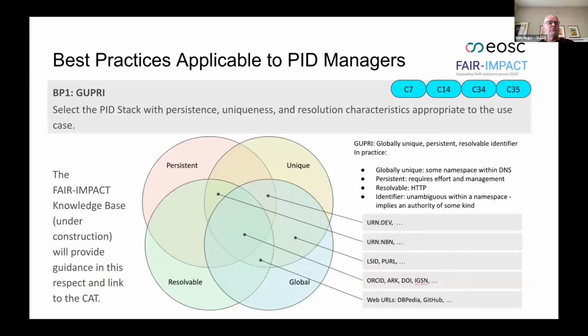But I would like to also then focus on 3 or 4 specific best practices that I've consolidated from these criteria and from literature. And the first sort of covers one of the questions that was raised early on in our workshop in respect of persistence and uniqueness and resolution.